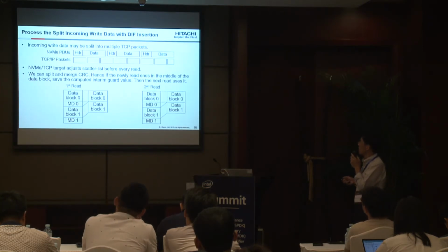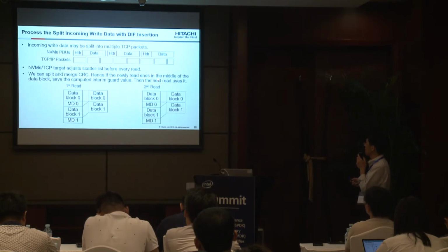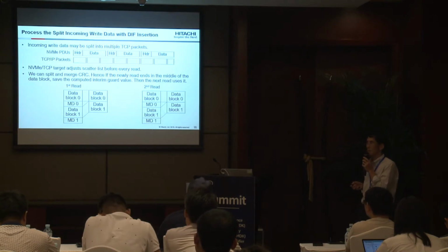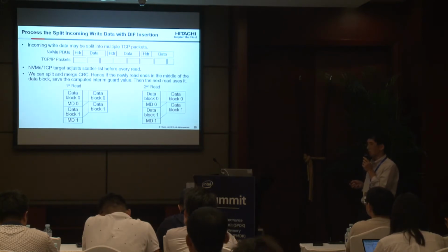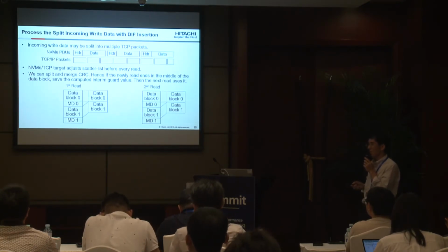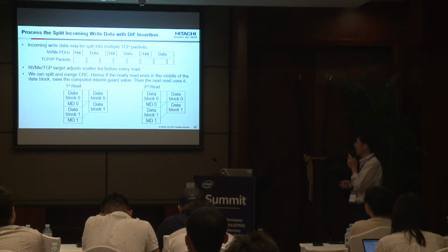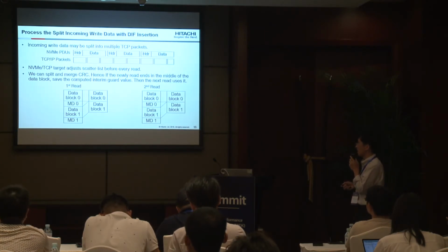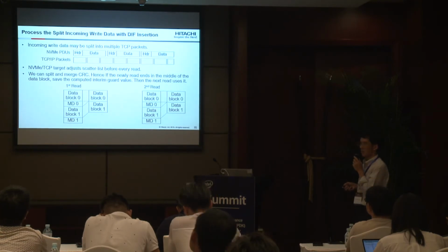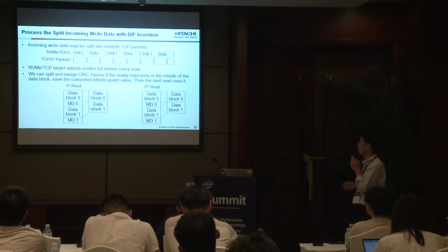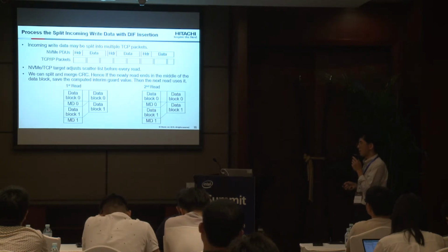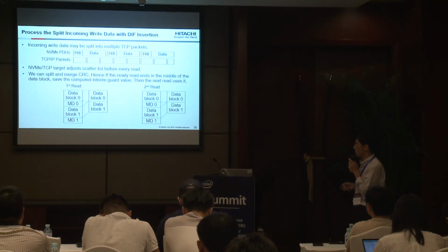If the new read ends in the middle of a data block, the target saves the computed interim guard value into a temporary area, and when the target reads the remaining data, the target combines the saved interim data and newly computed data and creates the whole CRC checksum.